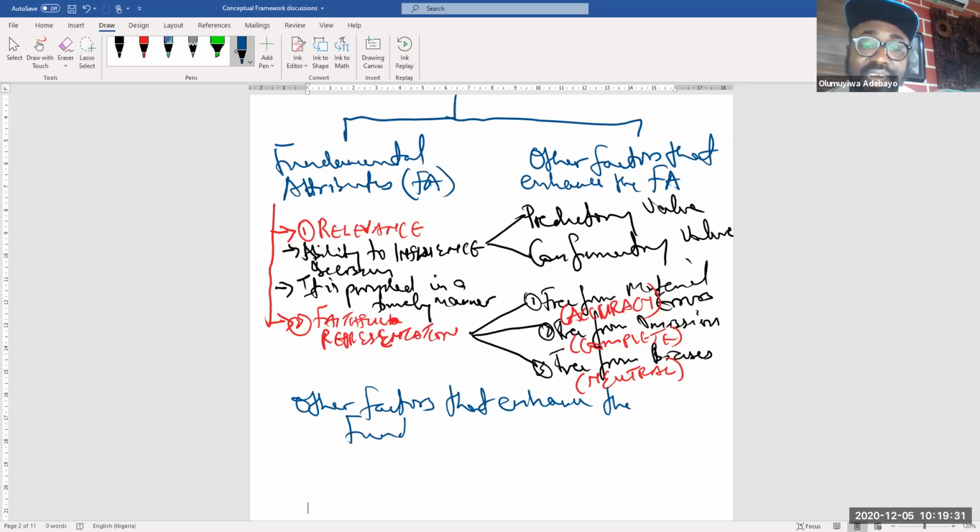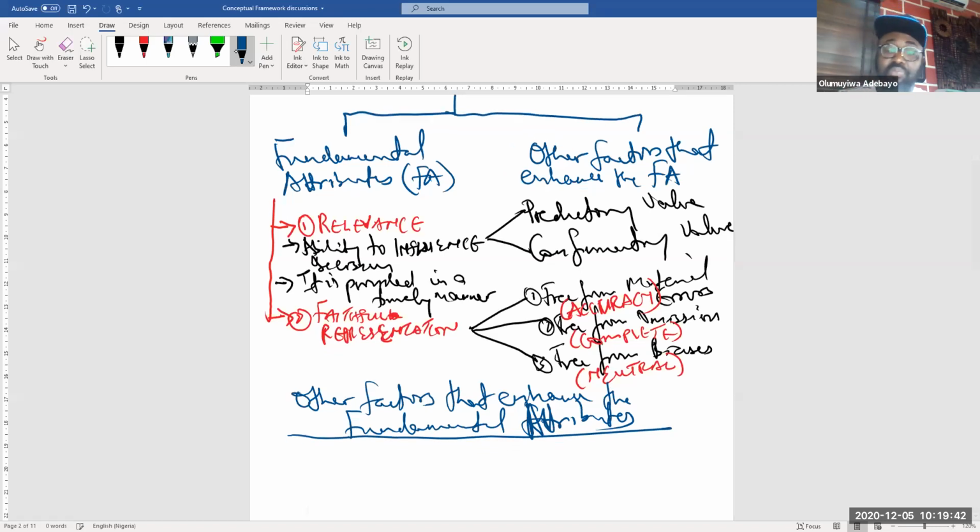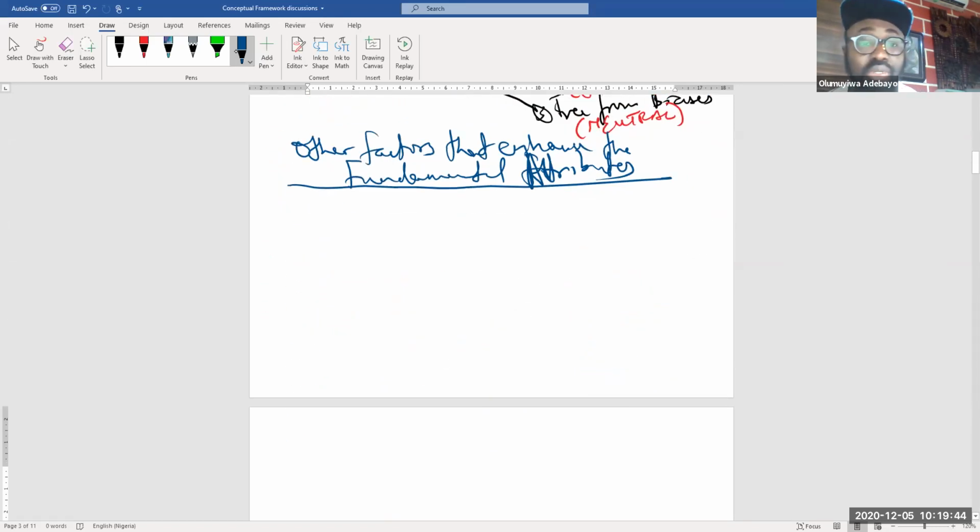Other factors that enhance the fundamental factors are as follows. One, comparability of financial information is sacrosanct. And two factors measure how comparable the financial information is.